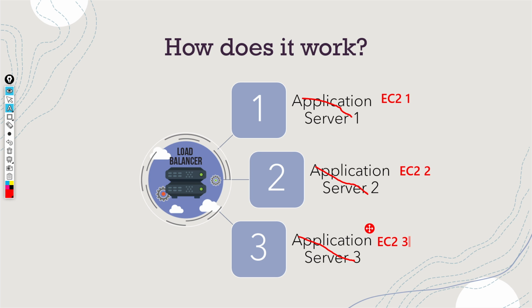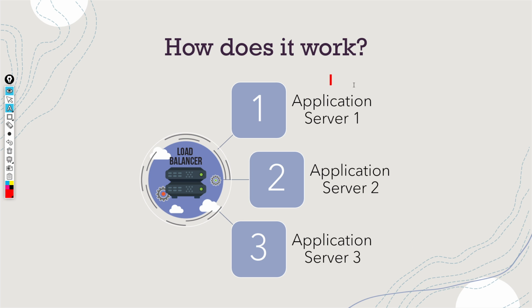So here the distribution of load will be the same way the load balancer does. It will be sending requests to EC2 server 1, then to server 2, and then to server 3. All these things will be done automatically.